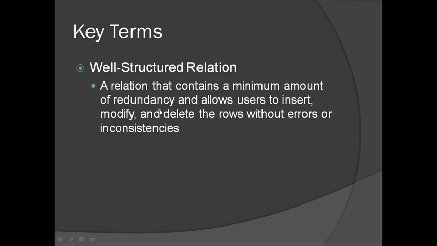A relation with a minimum amount of redundancy to avoid errors or inconsistencies. In other words, a well-structured relation is a properly normalized relation. But what does normalize mean? We'll answer that in part 2, logical database design.